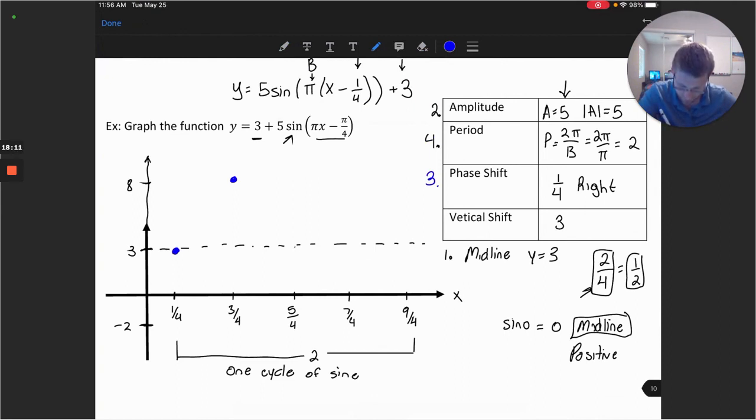Midway through at 5/4, I'll be back at my midline. I'll go down to my minimum at 7/4. And I'll be back at my midline through 2 units, which would be 9/4.